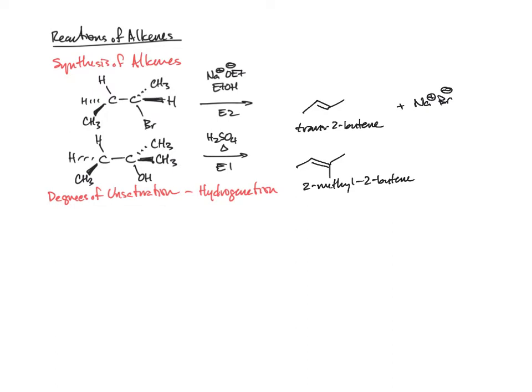So let me, I don't want you guys to forget all the stuff we've talked about. So 2-methyl-2-butene. How many unique carbons do you see in 2-methyl-2-butene? So I see a lot of 4s.